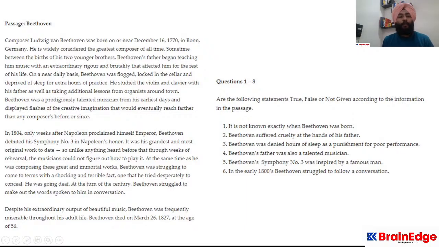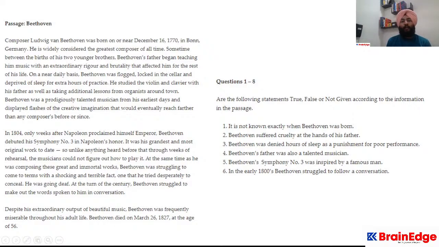In 1804, only weeks after Napoleon proclaimed himself emperor, Beethoven debuted his Symphony Number 3 in Napoleon's honor. He dedicated Symphony Number 3 to Napoleon, to show him respect.